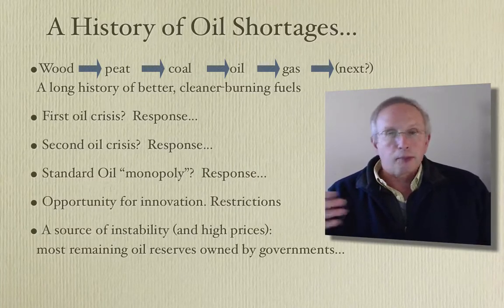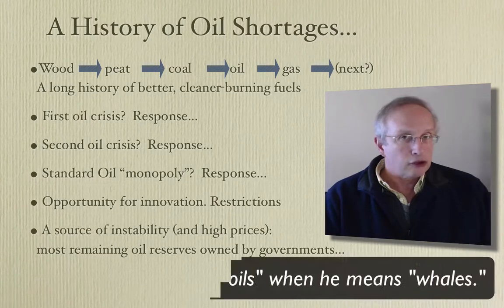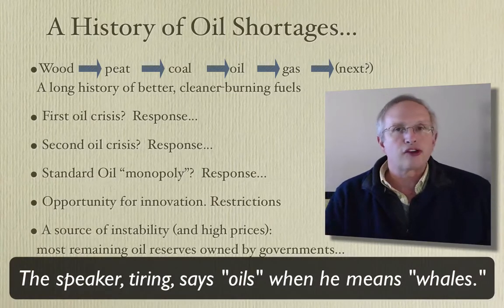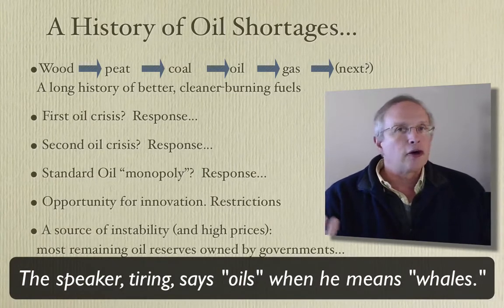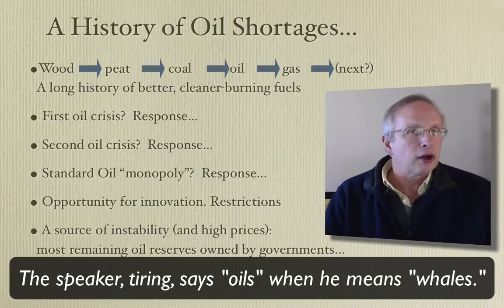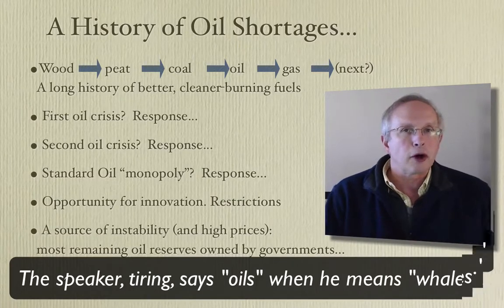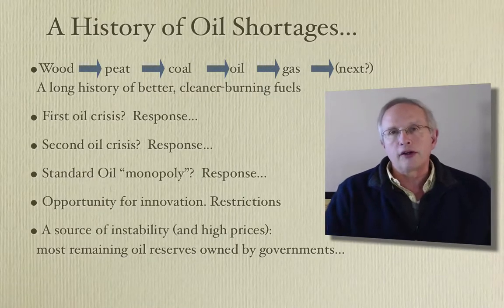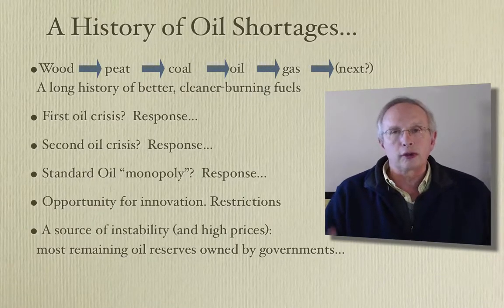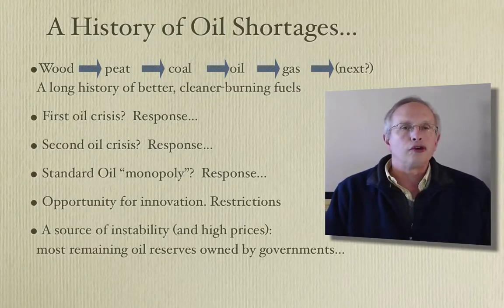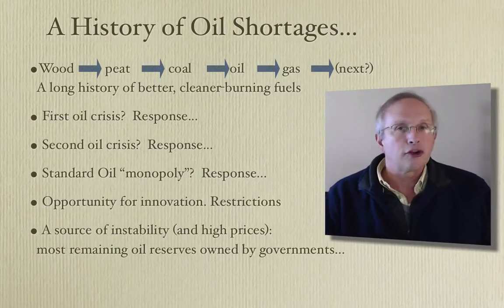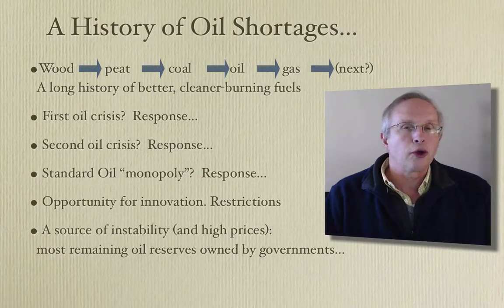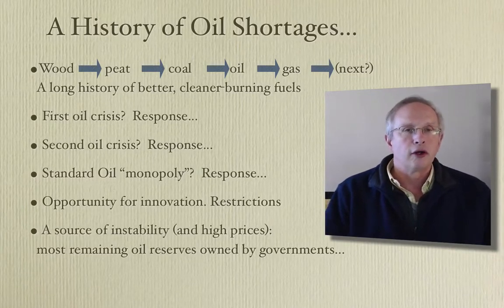As the price goes up, people hunted whales more intensively, but also people began to say, what's a substitute for whale oil? They found fuels bubbling up out of the ground in salt marshes, and chemists made an effort to figure out how to turn this crude out of the ground into kerosene that could be used for light, which is what whale oil was used for. So in a sense, the oil industry itself was a response to an oil crisis, the whale oil crisis.